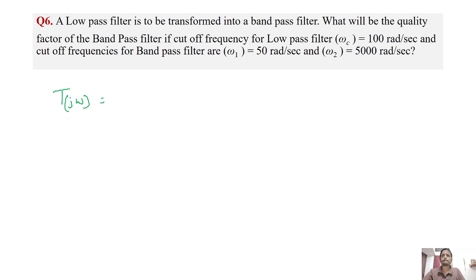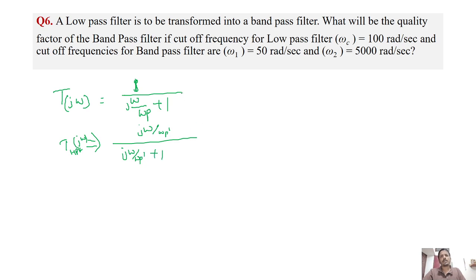First he took, for example, 1 by j omega by omega p plus 1. This is a low pass filter. If I want to transform this to a high pass filter, how will the high pass filter look? T of the high pass filter will be j omega by omega p dash, divided by j omega by omega p dash plus 1.